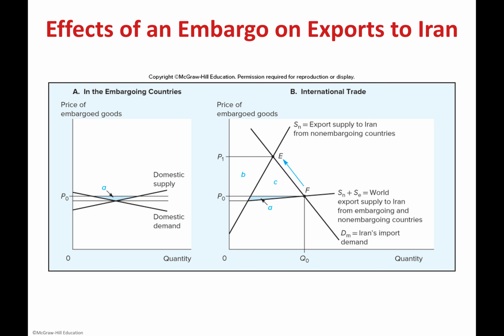It's disappeared. It's been lost. So in the embargoing countries, another way of looking at it is that the domestic supply now has been shut off completely to those embargoing countries, and you can see that in the left-hand diagram, and therefore that area A is also lost.